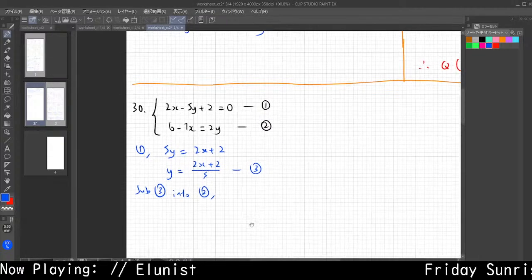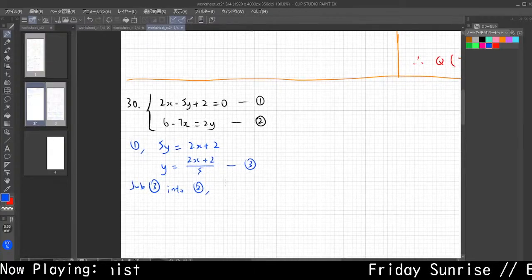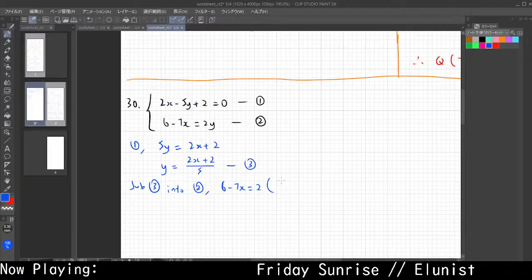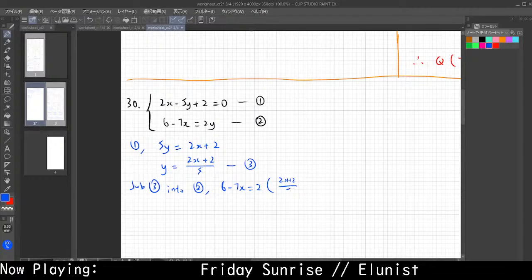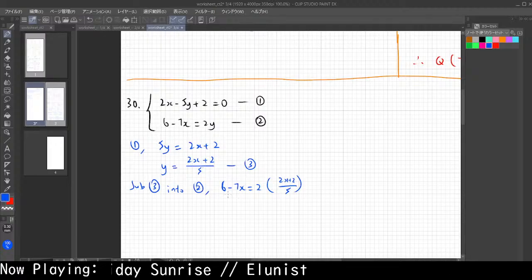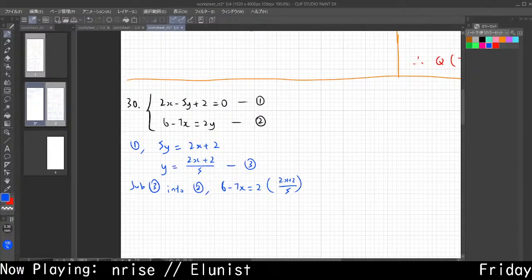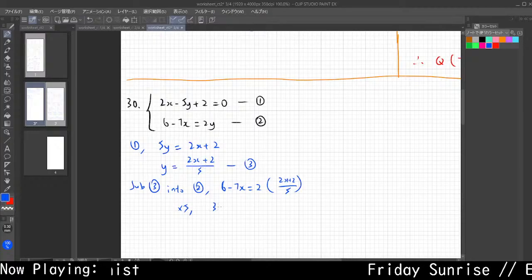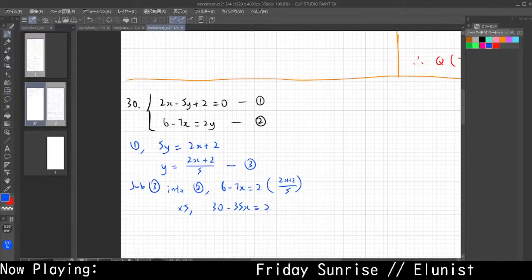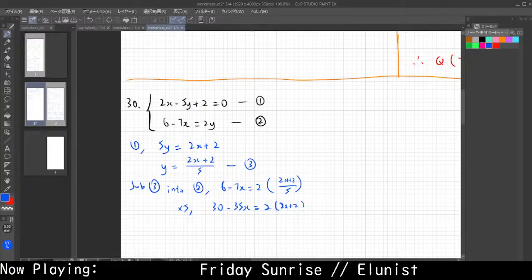So sub 3 into 2, then you will get 6 minus 7x equals to 2 bracket the entire thing. Then you can just go on from here. I choose to multiply the entire thing by 5. So I get 30 minus 35x plus 2 bracket 2x plus 2.